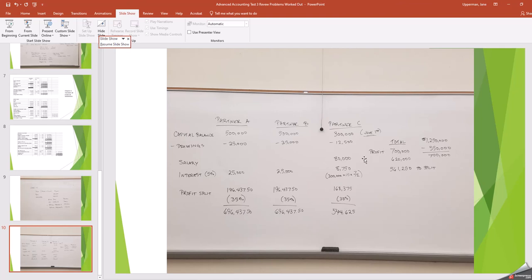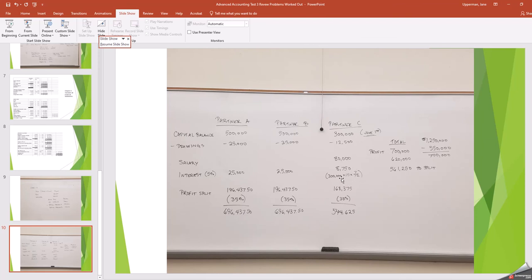The first $80,000 goes to partner C because again, she's the managing partner, so she gets paid for that. Then that leaves $620,000 to split. Then we have to give each one their interest. So 5% times $500,000 gives us $25,000. Same to partner B. Now partner C, it isn't as easy as just taking the 5% times the $300,000 because she wasn't there all year. She was there only for 7 months.